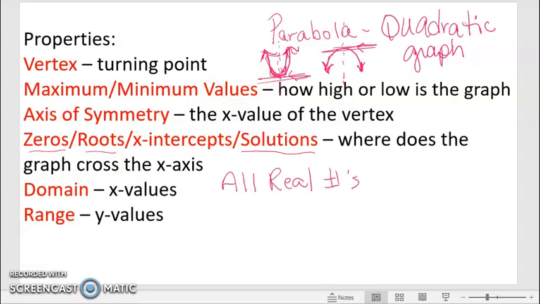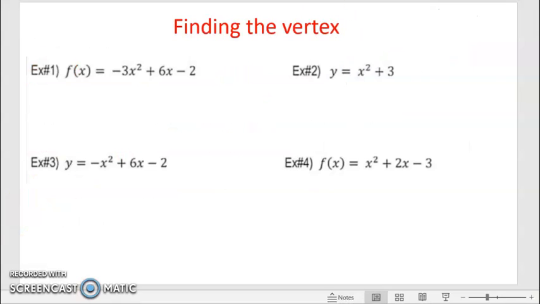Okay? Now, let's get started. We're going to graph something, and we're going to use Desmos to graph it. So the first one we're going to graph is this negative 3x squared plus 6x minus 2. Okay? So I'm going to pull up Desmos.